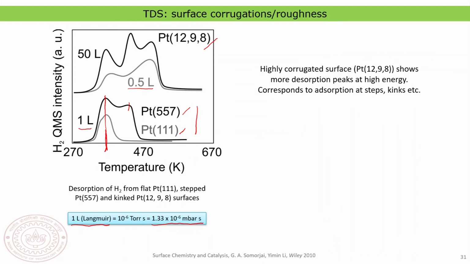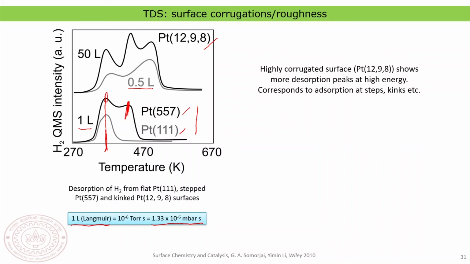So you can imagine that a peak observed at higher energy means it is directly coming from a species which is adsorbed strongly on the surface. 557 is a stepped surface, so you would imagine that the molecules decorated at the steps correspond to this high energy peak, and the one at lower energy, similar to that of the platinum 111 surface, corresponds to the adsorption of hydrogen molecules at the terrace.